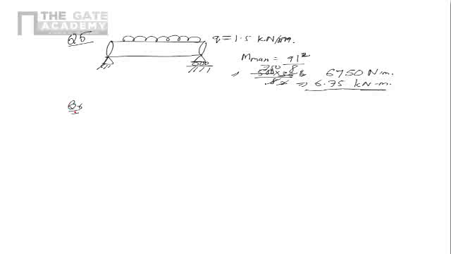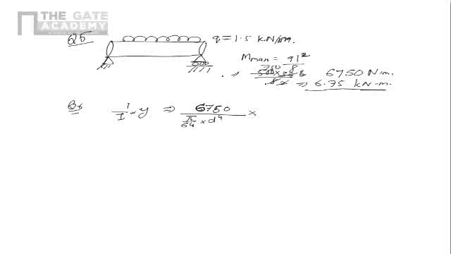What is the maximum value of bending stress? Bending stress is M upon I into Y. This is a circular beam, so M is 6750, divided by I, which is pi by 64 into d to power 4, into y.